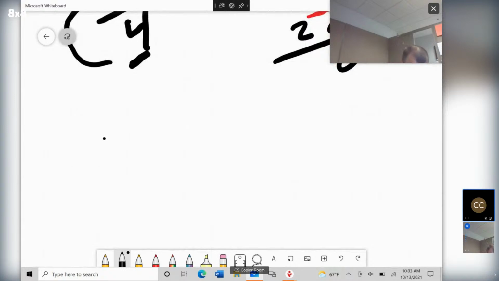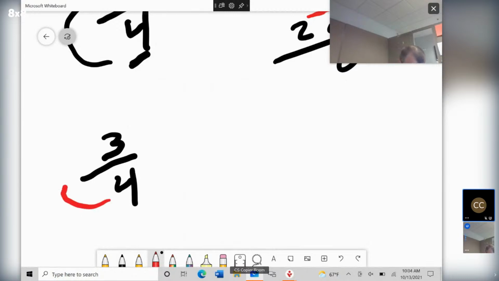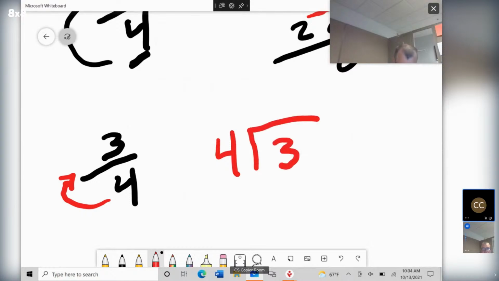Let's do 3 over 4. Remember, we're dividing the 4 into the 3. So we put 4 into 3. And you're going to say, well, I know 4 is bigger than 3, so I'm going to have to add some zeros.